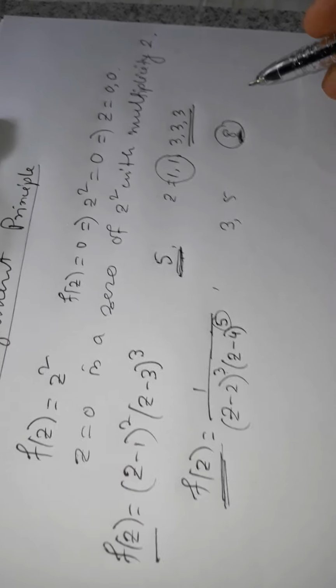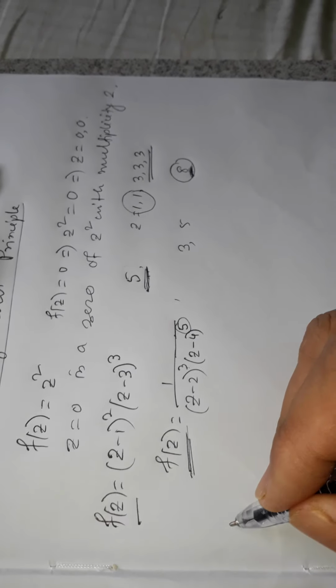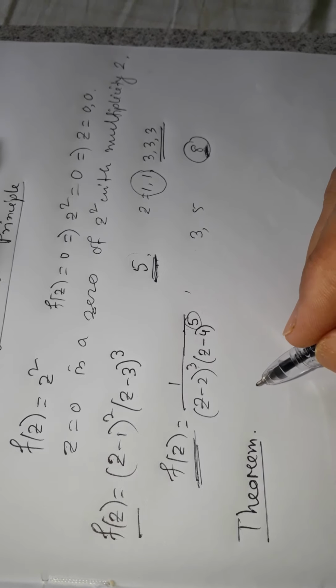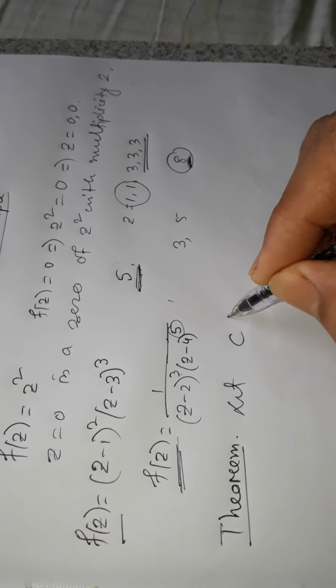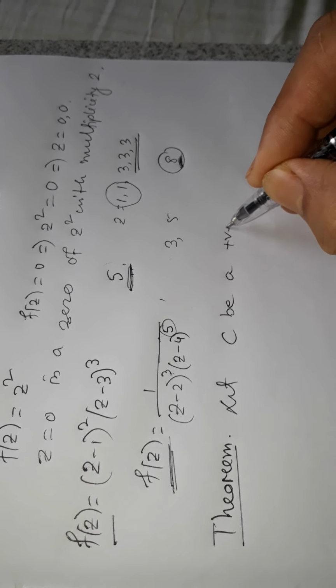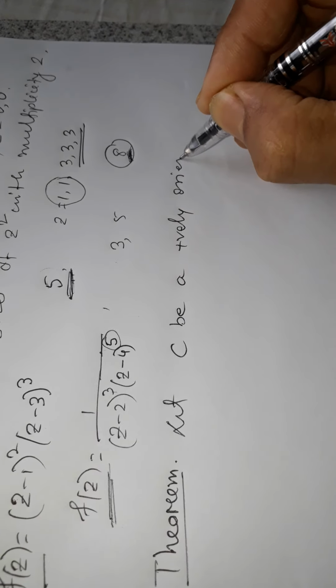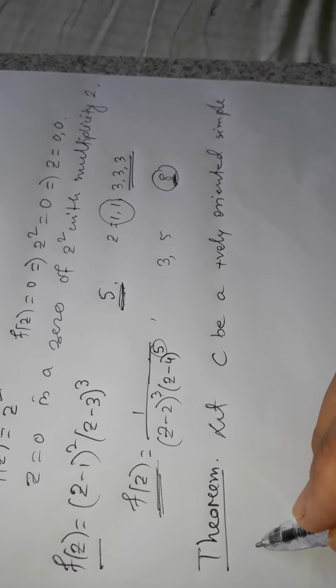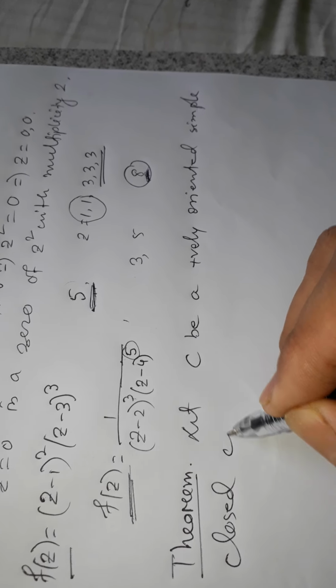All right, so now we state the argument principle. This is the theorem. Let C be a positively oriented simple closed contour.